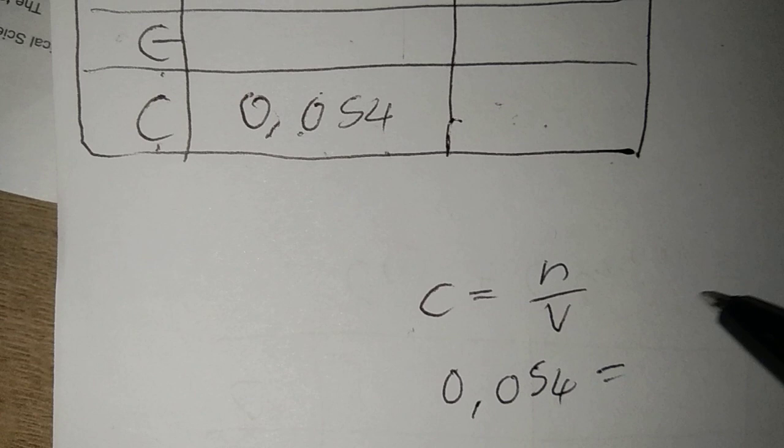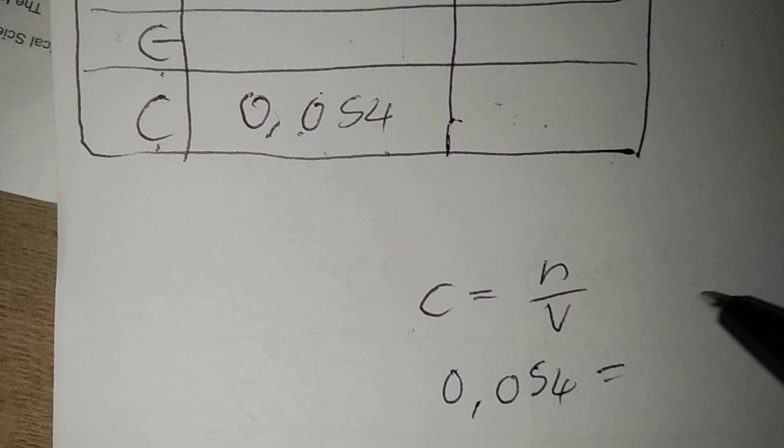Now let's get our concentration over here, which is the product carbon monoxide. Concentration, as you know, is number of mole, which is 2,436, over volume, which is 3 dm3.